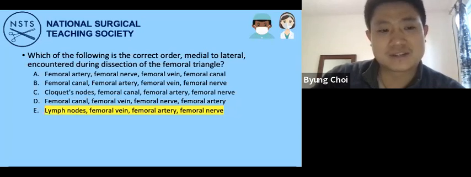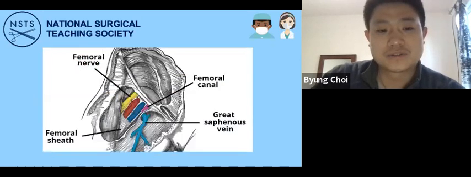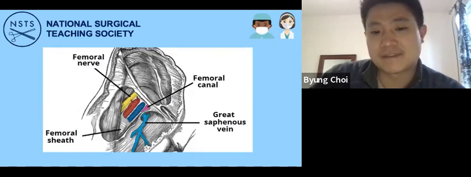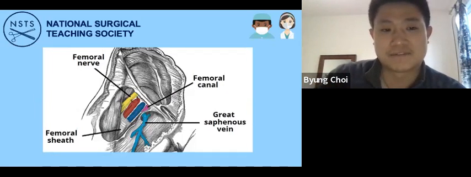So if we remind ourselves of the anatomy and why E is the answer, looking medial to lateral, you've got the femoral canal, and then the vein, artery, nerve. Some of you may remember NAVEL, but that way of remembering is lateral to medial, so you want to inverse that for this question.